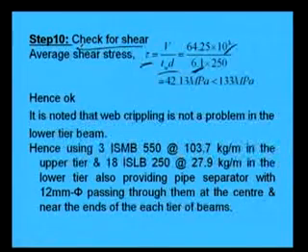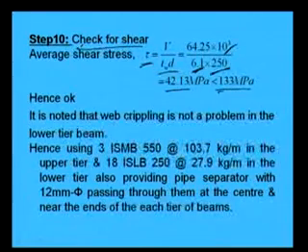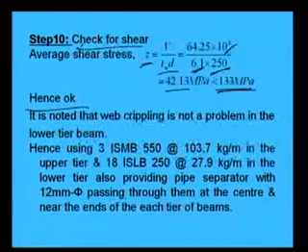After calculating this, we get 42.13 MPa, which is less than 133 MPa. Hence we can say this is okay. So from the shear stress point of view, the number of beams and the size of beam we have considered is quite okay.